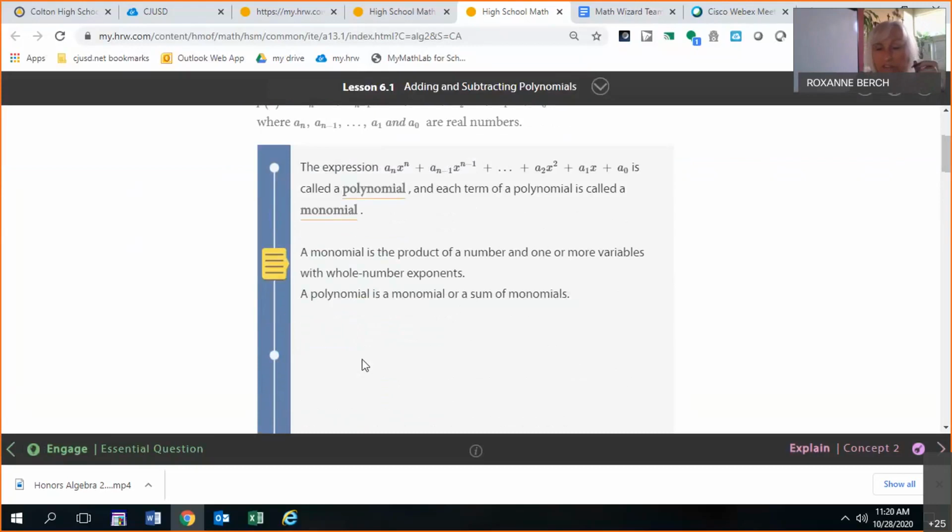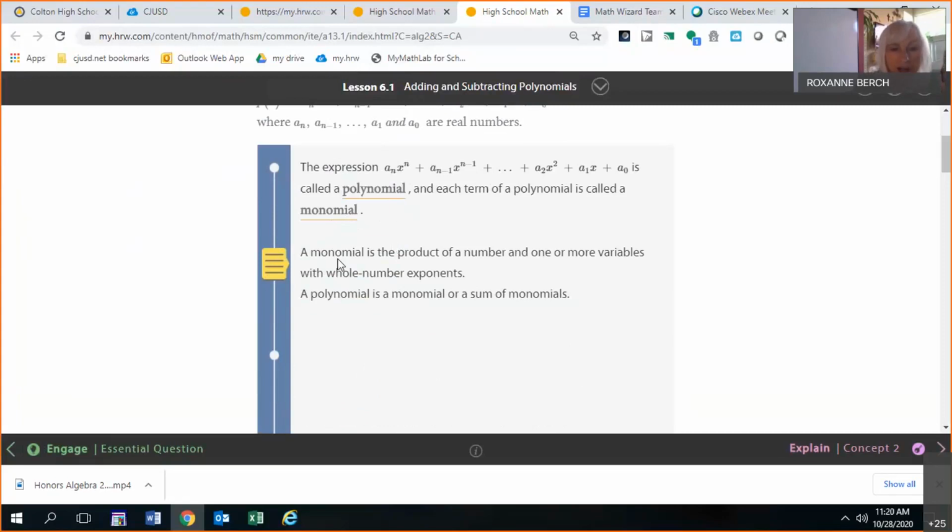So, the definition that I want you to write down. The first thing is that a monomial is a term.